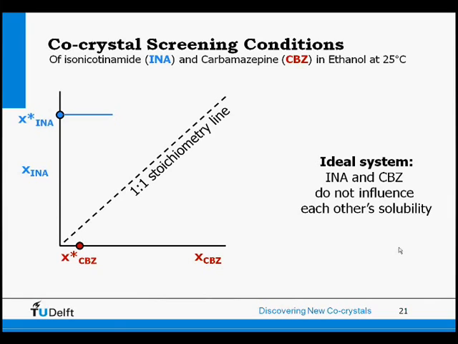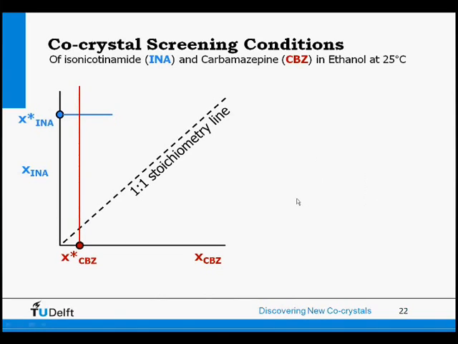And the same is for carbamazepine, so that will be a vertical line, and they cross each other somewhere. So within this square given by the blue line, the red line, and the axis, you will have a solution if your co-crystal is not much more stable.